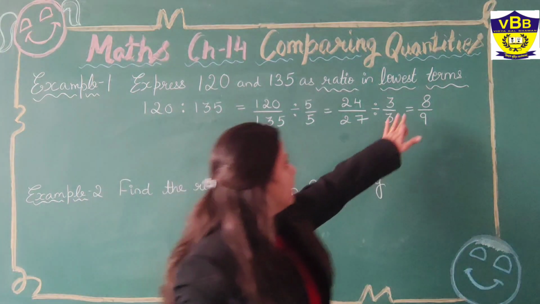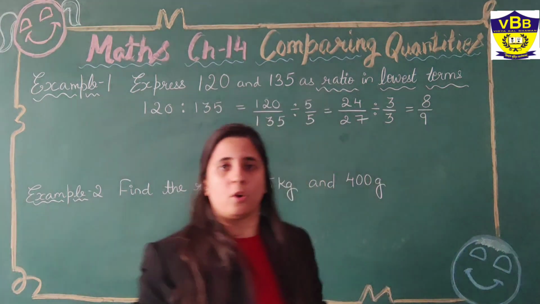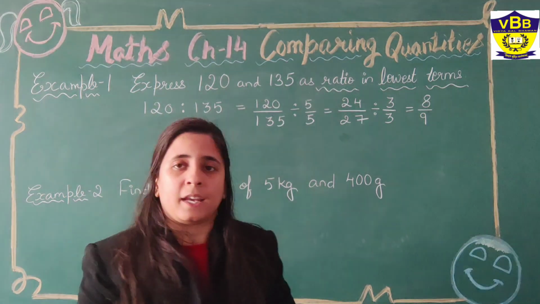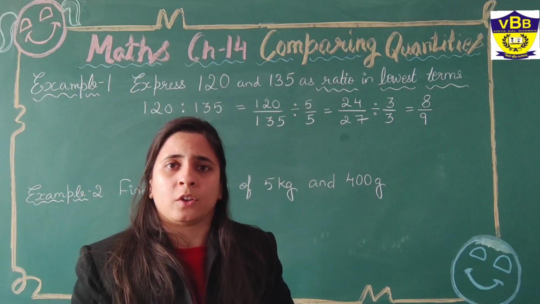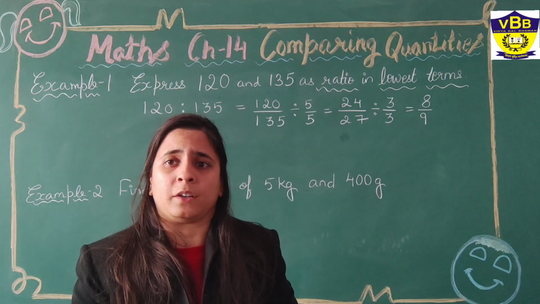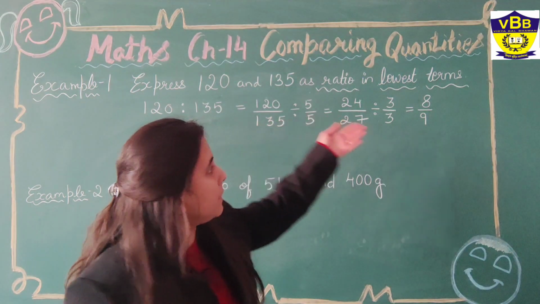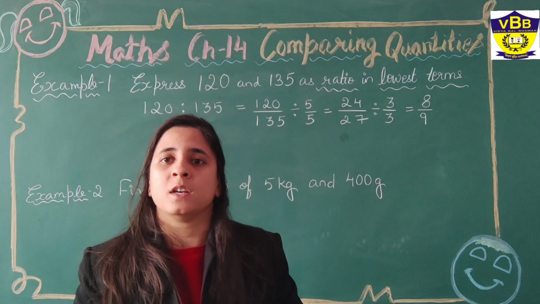So the fraction becomes 8 upon 9. Now, see whether 8 and 9 have any common factor. No, they don't. They are co-prime numbers, right? So that means it has been reduced to its lowest form.